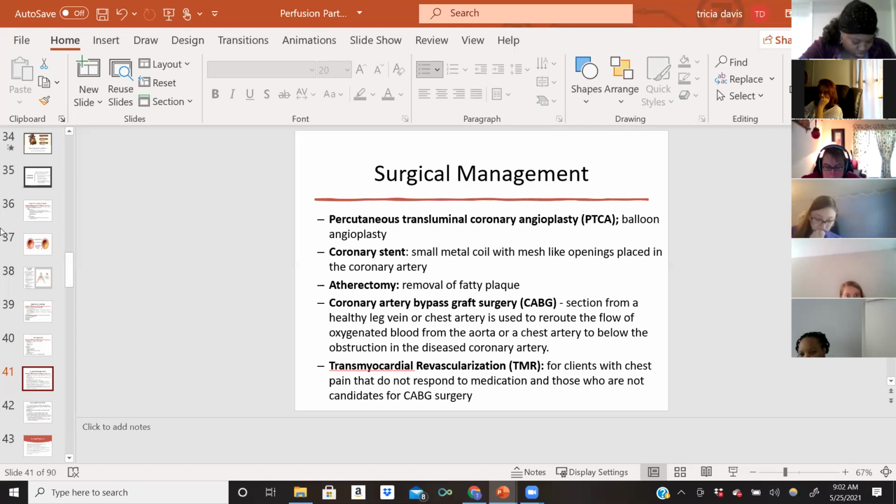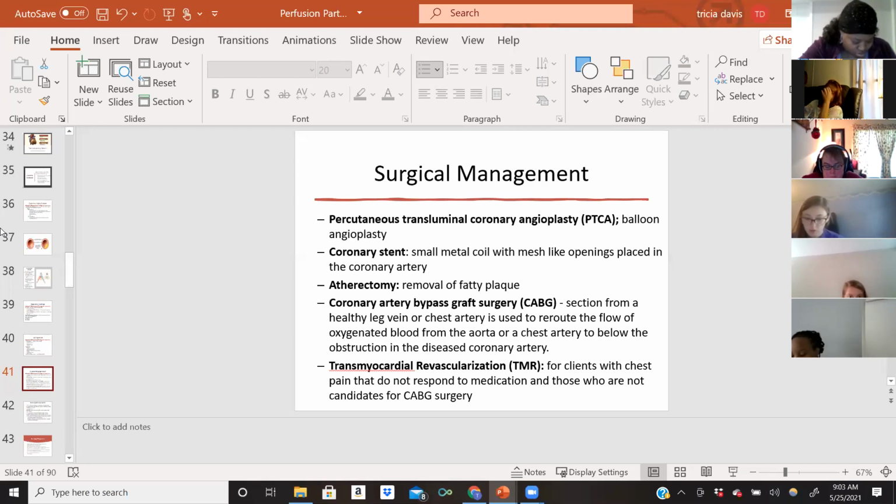So you'll notice when nurses give you a report, they'll say, Mrs. Jones has a past medical history of a CABG ×2, a CABG ×3, maybe even a CABG ×4. That would be indicative of how many arteries they had to bypass, so how significant their blockage was. Some people it's only 2. Some people they have a lot of blockages and they have to do it by 4 arteries.